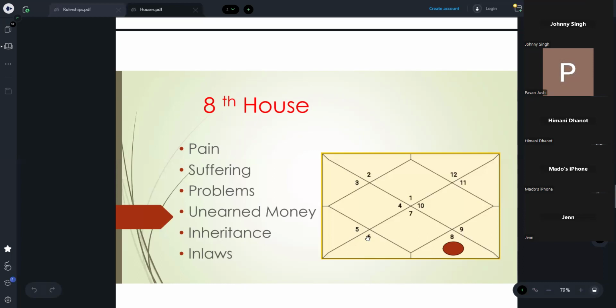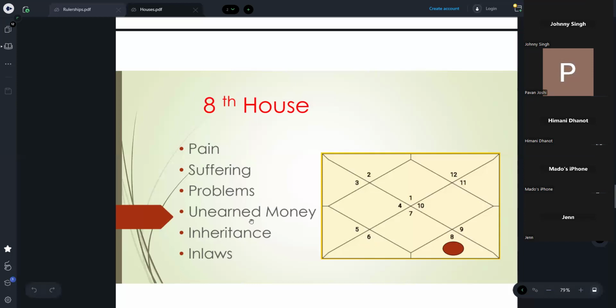That's when you need to tell that person to be very careful, because now this disease, because it's going to combine with the eighth house, is going to become chronic, right? It was just a disease, and now it's going to become chronic because the eighth house represents pain, suffering, and problem.